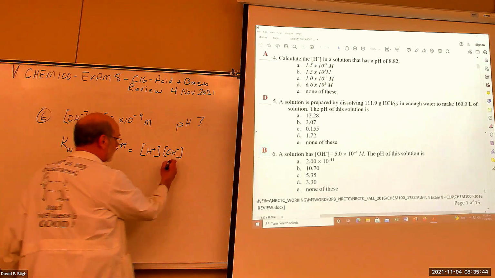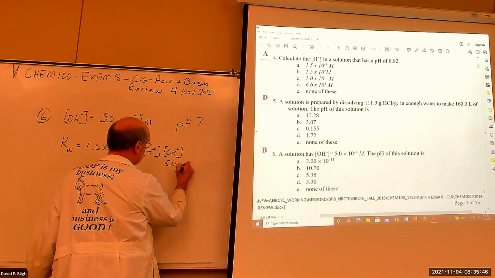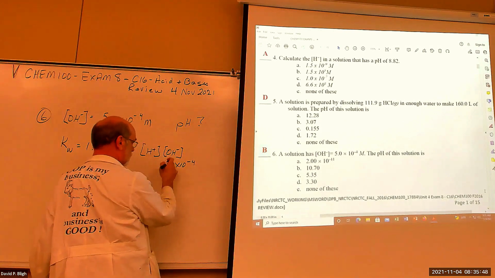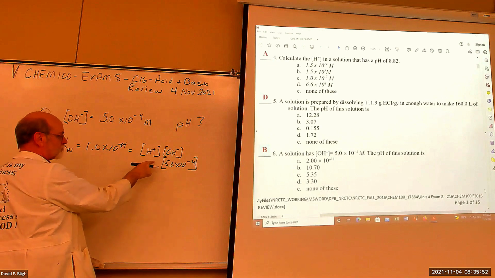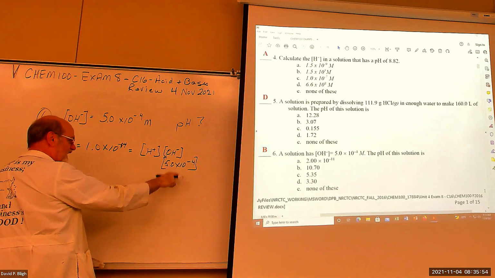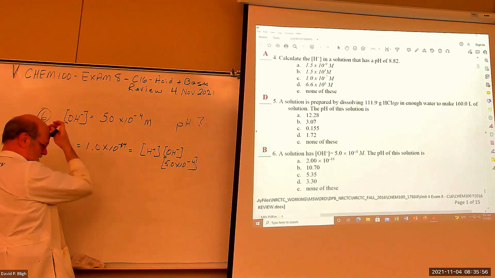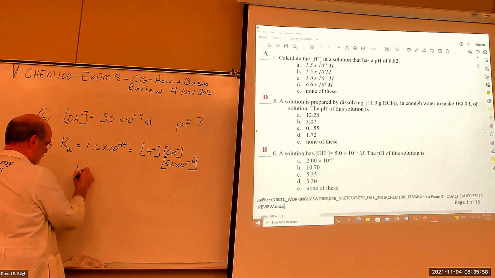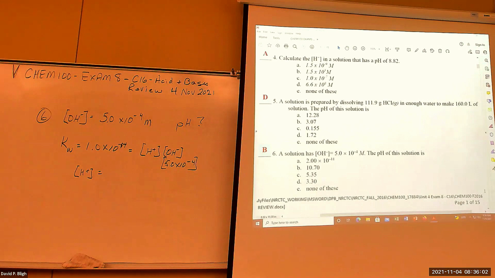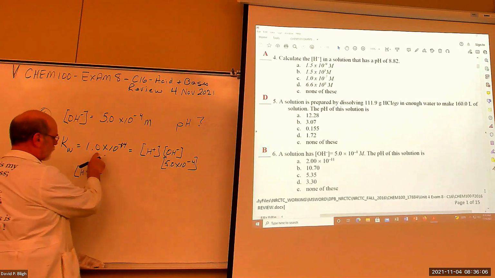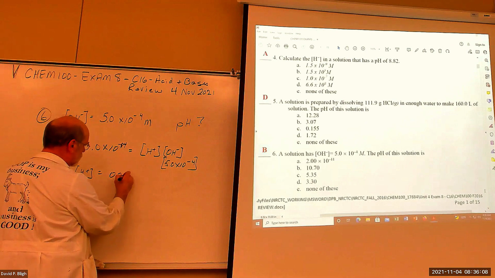So if we put 5 times 10 to the minus 4 here, then we can solve for this by dividing that into this. The hydrogen ion concentration will be, I should be able to do this in my head, 1 divided by 5 is 0.20.